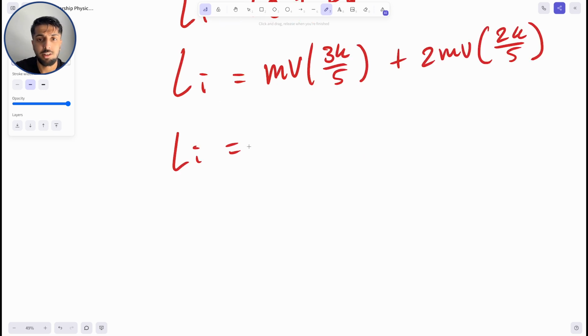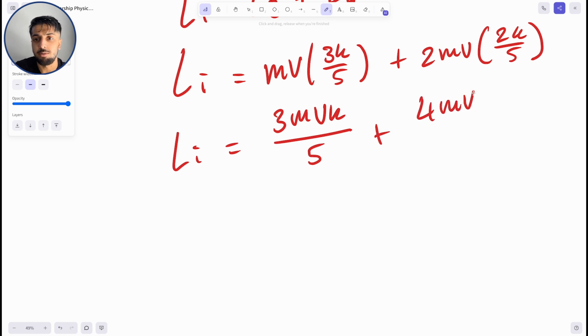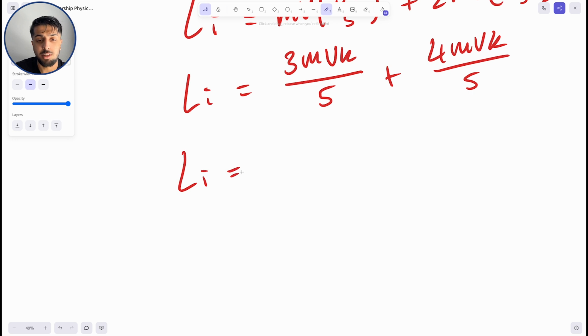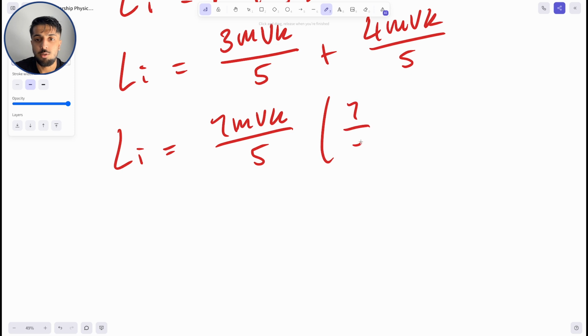This can be simplified to 3mvk all over 5 plus 4mvk all over 5, and this gives us an angular momentum initially of 7mvk all over 5, or 7 over 5 mvk. That's the same thing, just rewritten.